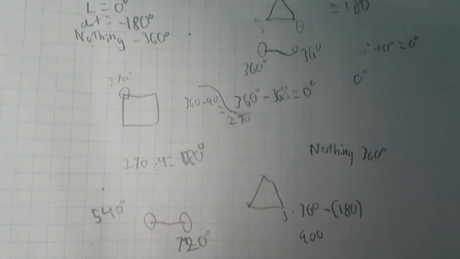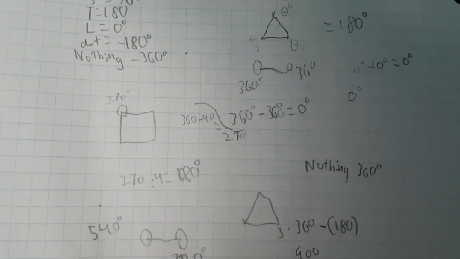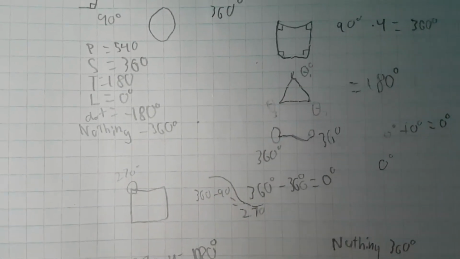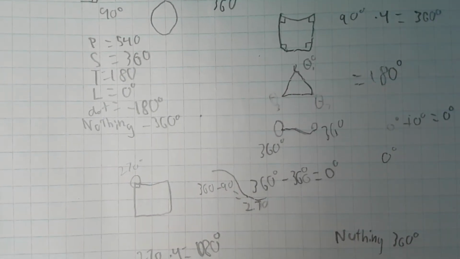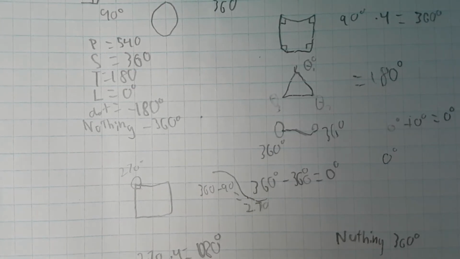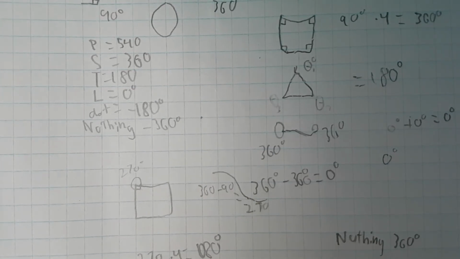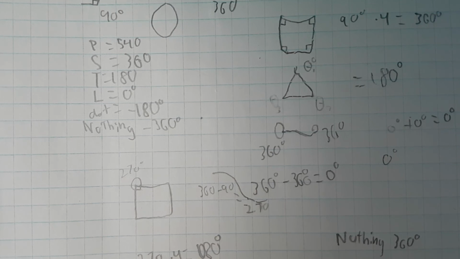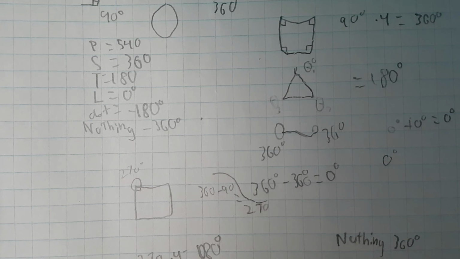On the inside, the dot has 540 degrees. And nothing has positive 360. So it's very interesting. I don't know what this helps us with in math, but yeah. Does this accomplish anything for geometry? Is any of this ever used? It's very interesting anyway. So I hope you guys enjoyed.